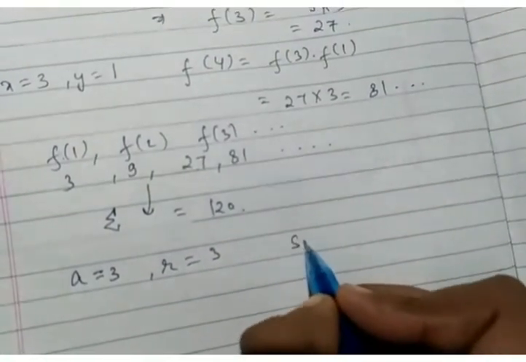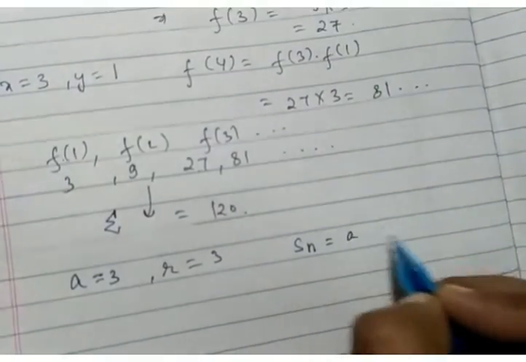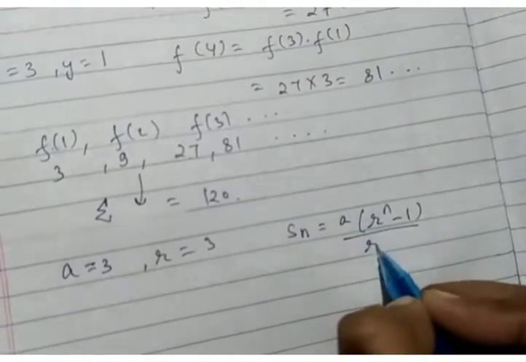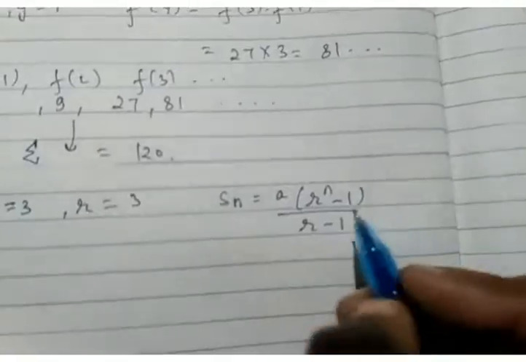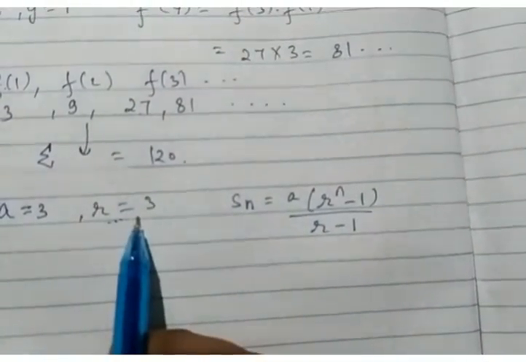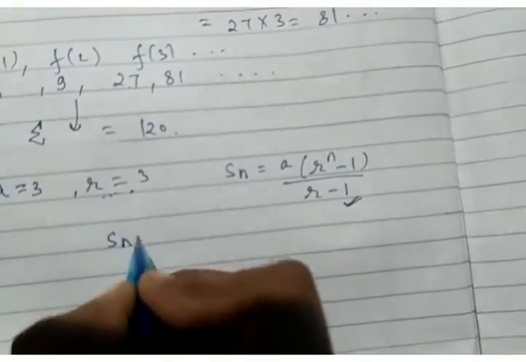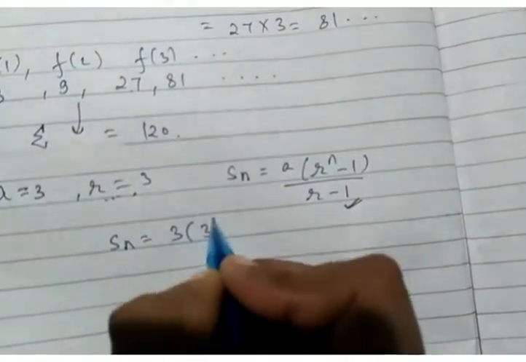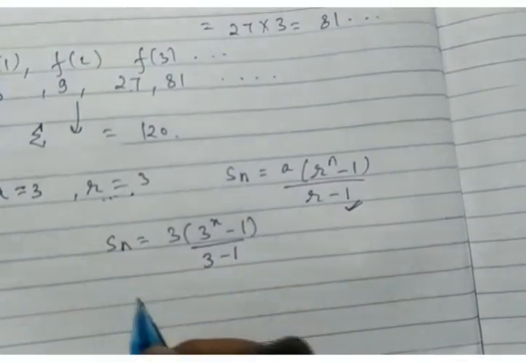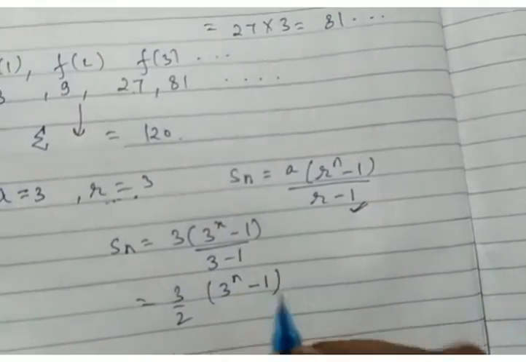So we know what the sum is: Sn equals a times r raised to the power n minus 1 upon r minus 1. Here the value of r, the common ratio, is greater than 1, so we are using this formula. Then we have Sn equals 3 into 3 raised to the power n minus 1 upon 3 minus 1, that is 3 upon 2 into 3 to the power n minus 1.